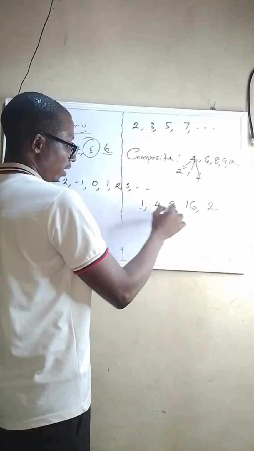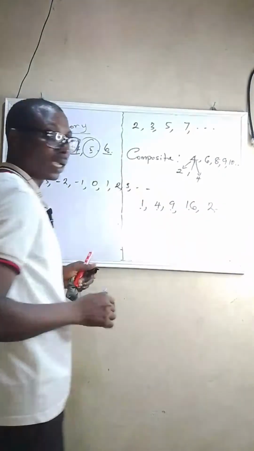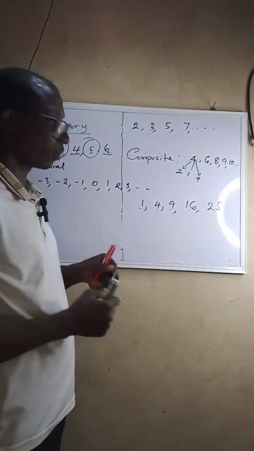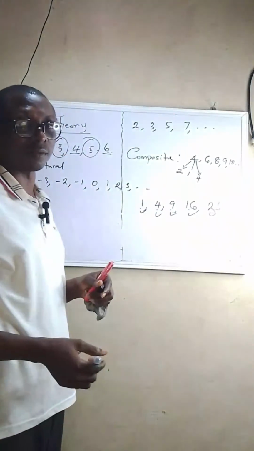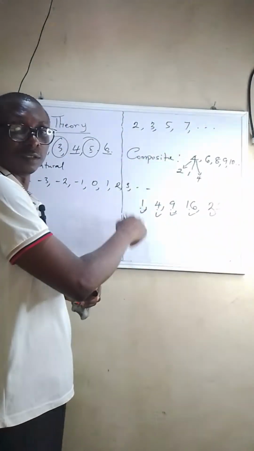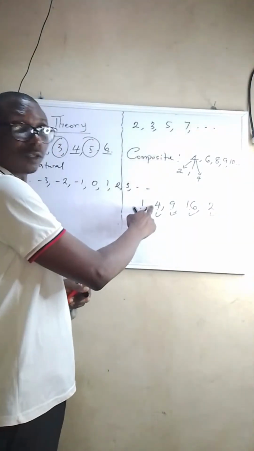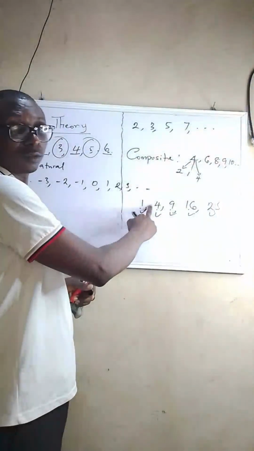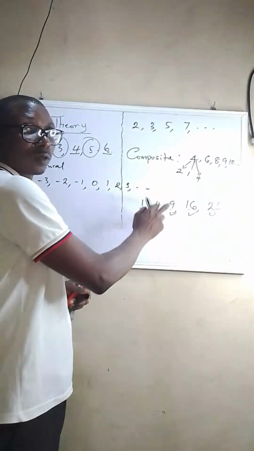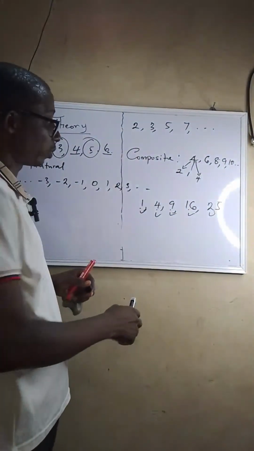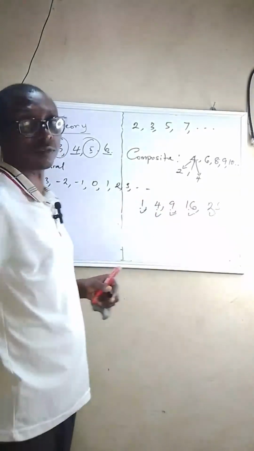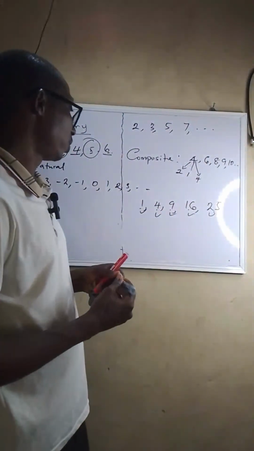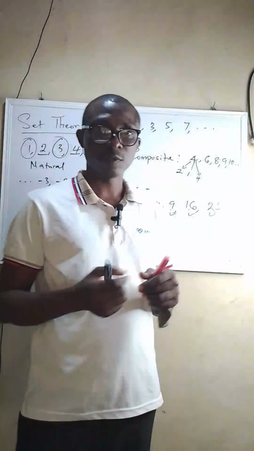All of these numbers, if you find their square root, you will have an integer. Square root of 1 is plus or minus 1. Square root of 4 is plus or minus 2. Square root of 9 is plus or minus 3, and so on. Square root of 16 is plus or minus 4, and so on. Alright, so these are the sets of numbers.